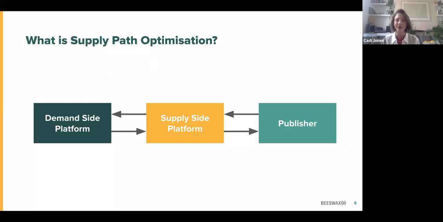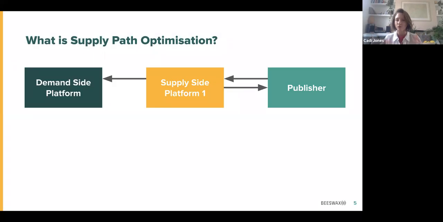So where do we start? If we go back to the origins of programmatic, a publisher would work with a single supply side platform. But with time, as programmatic adoption grew, publishers started to work with many more supply side partners. So effectively, they would have a waterfall style setup. They would send out their bid request via their first supply side platform, who would have a relatively high bid floor in place.